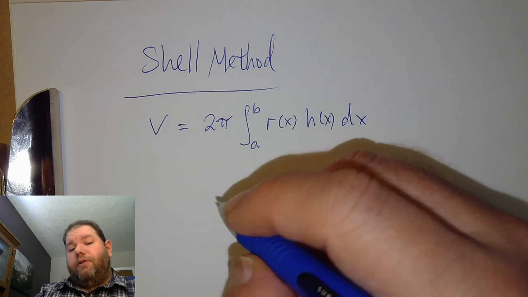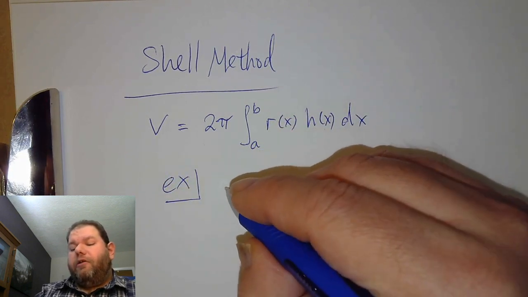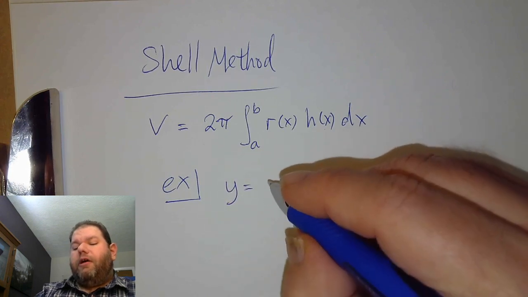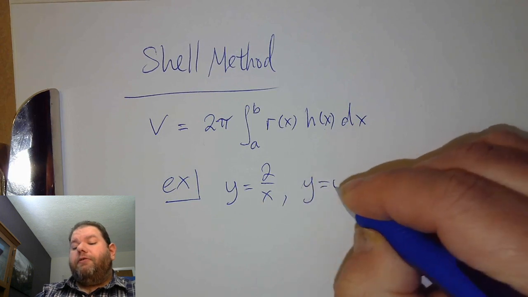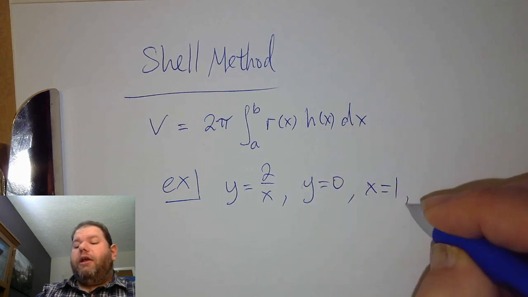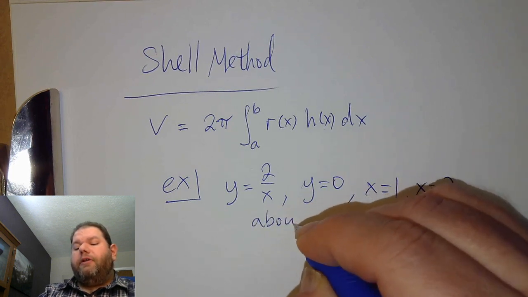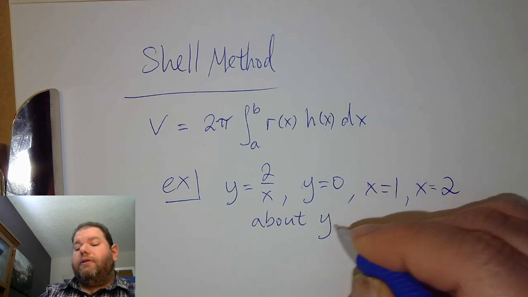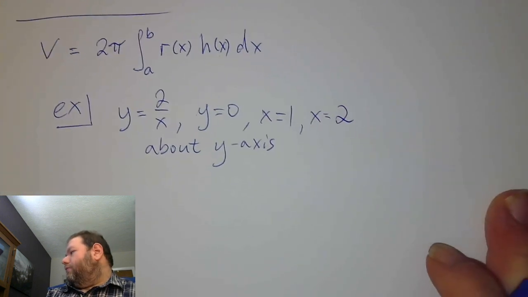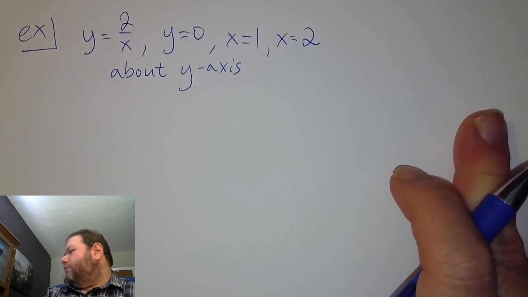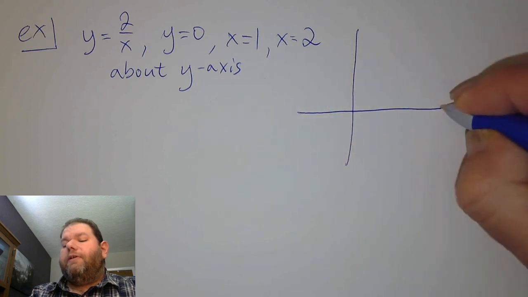Now, I believe we used this example before, where we had y equals 2 over x, y equals 0, x equals 1, and x equals 2, and we're revolving about the y-axis. So we go ahead and sketch our graph.